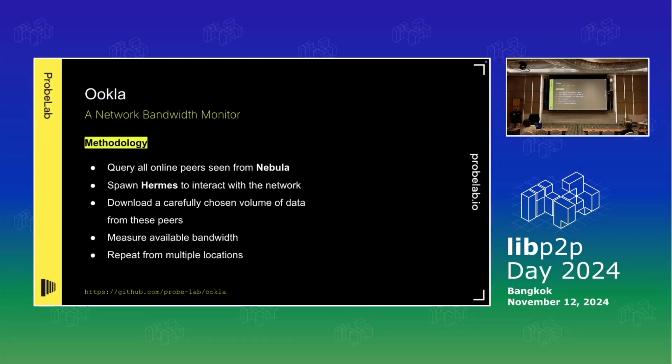What do you actually query the peers that you see from Nebula for, to measure the bandwidth? Okay, so that's why you use Hermes. So the question was, what are we actually querying from nodes in Ethereum to measure the bandwidth? The consensus layer of Ethereum uses libp2p protocols, and one of those protocols is you can request X number of blocks by range with a certain maximum.